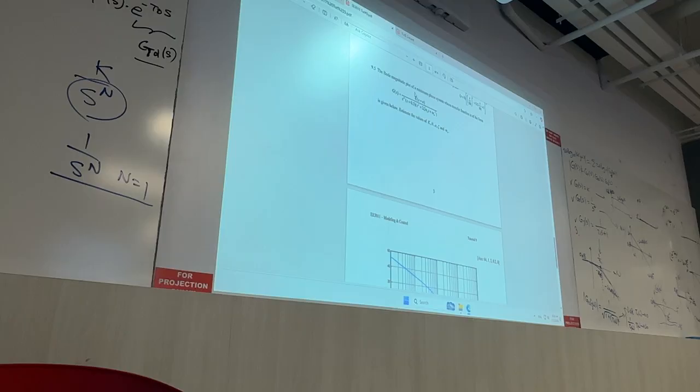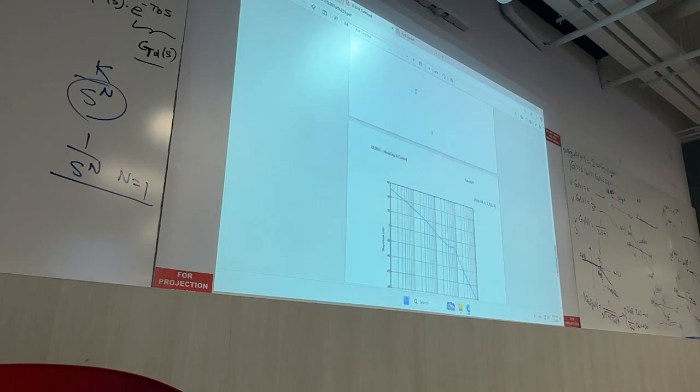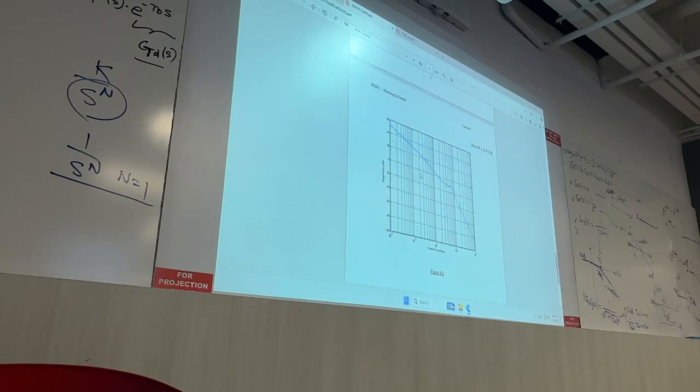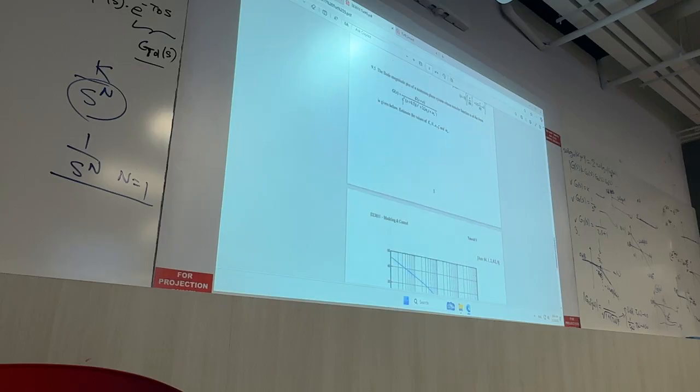You can derive that K from when you extend this one all the way to intersect this is 0. Okay, you can get the K value. That will be equal to the lump of this Ka divided by 0.5 and divided by this omega n squared.